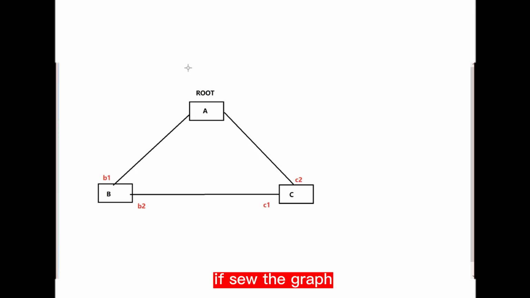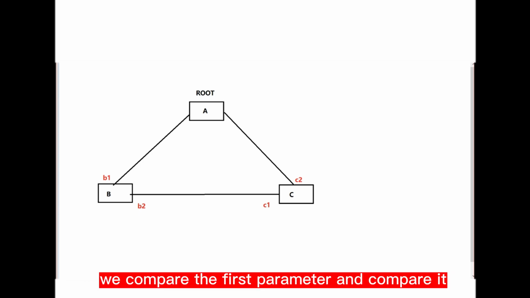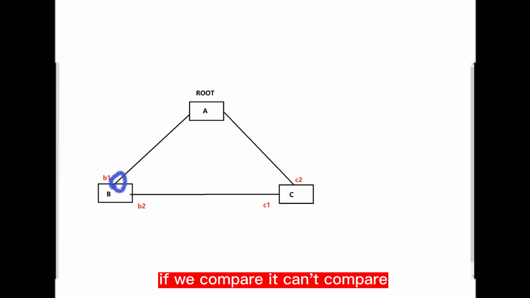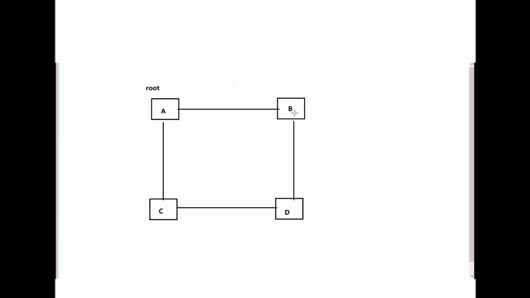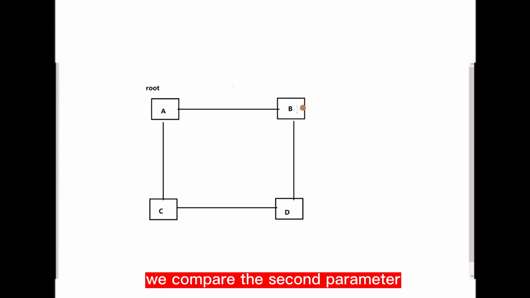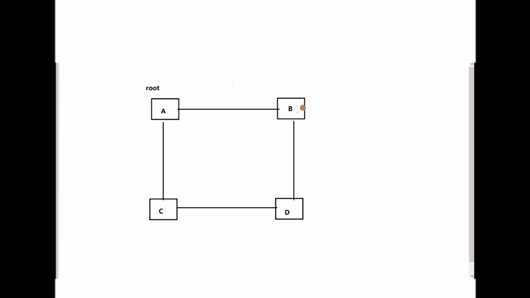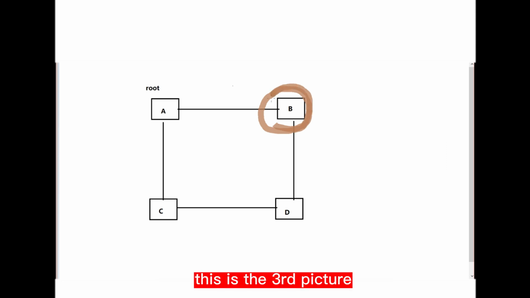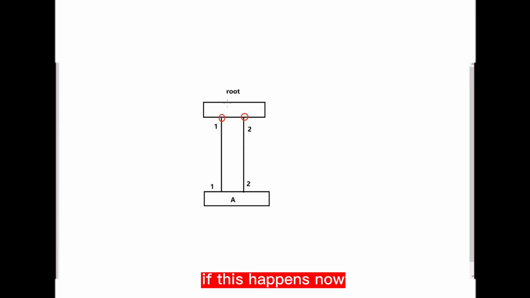We compare the first parameter and choose it. If it can't be compared, we go on to compare the second parameter. For example, if the value of device B is smaller, we choose B. This is the third parameter. If this happens now, we choose it.